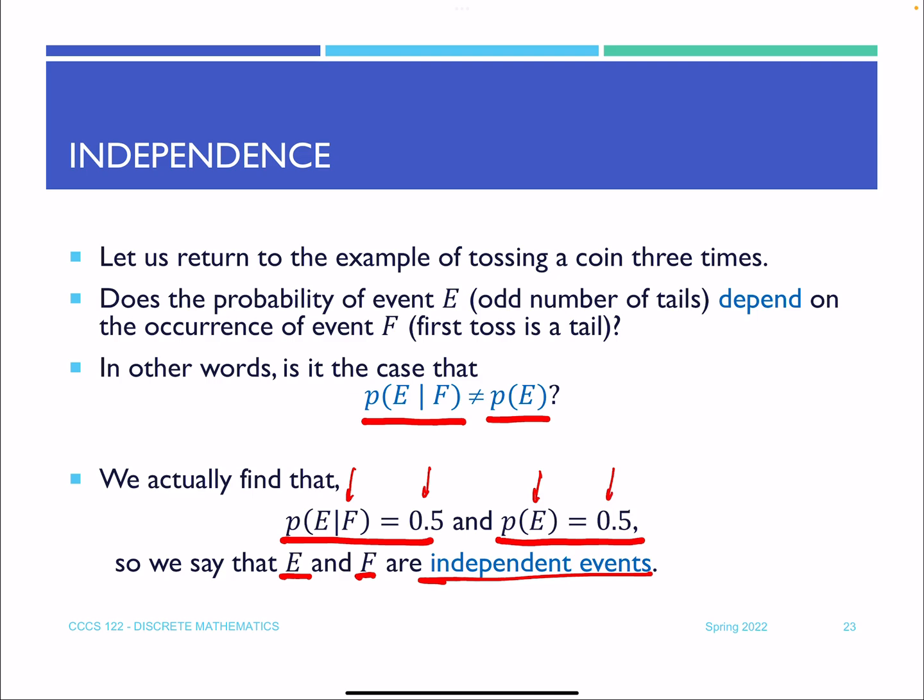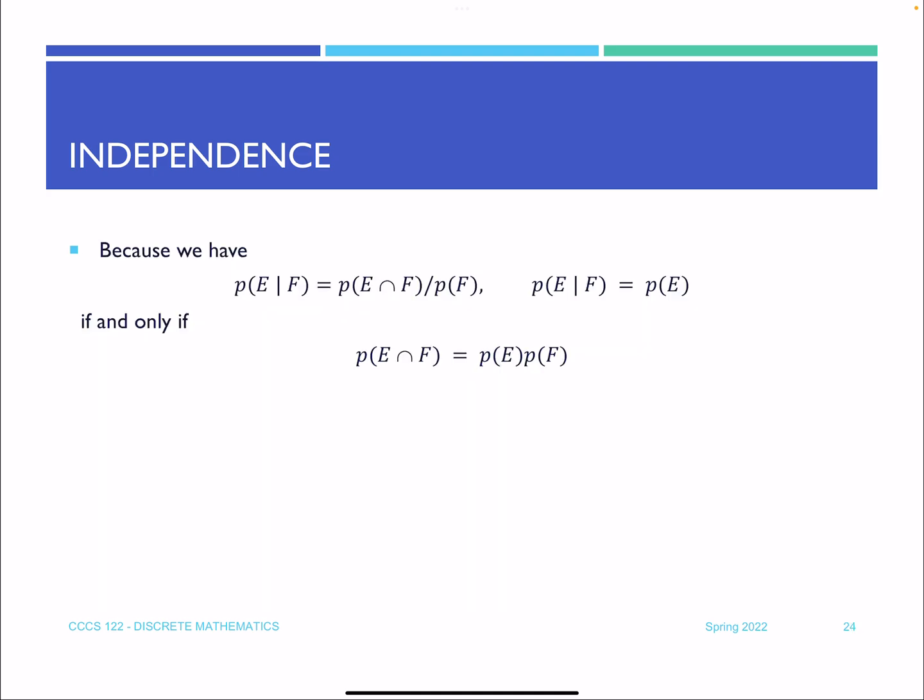It's 0.5 without any knowledge about event F having happened. It is still 0.5 with knowledge that event F has happened. So information about event F having happened does not change our view of the probability that E will happen. That makes them independent.